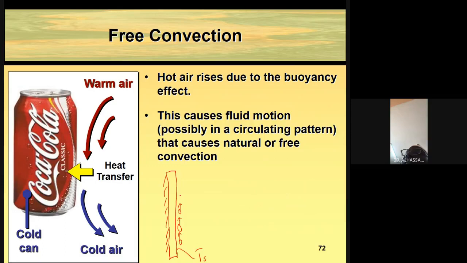So what happens is that any fluid particle that is close to the hot surface is going to expand because of the influence of the hot surface. When it expands, its density is going to drop. So when the density drops, then immediately the fluid will be moving upwards in this way.